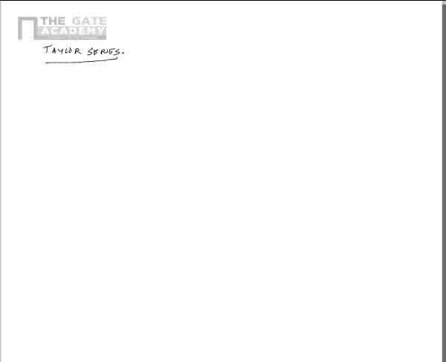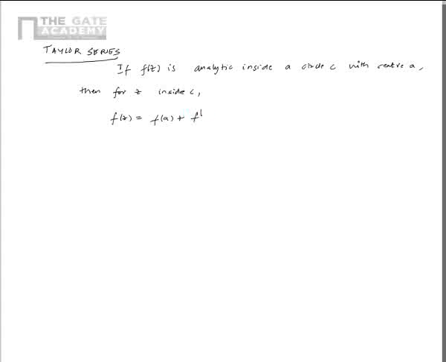So what it says is that if f of z is analytic inside a circle C, remember it's not any closed curve, it's a circle, and the circle center is A, then for z inside C you can write f of z is f of A plus f dash A into (z minus A) plus f double dash A by 2 factorial into (z minus A) whole square plus so on.